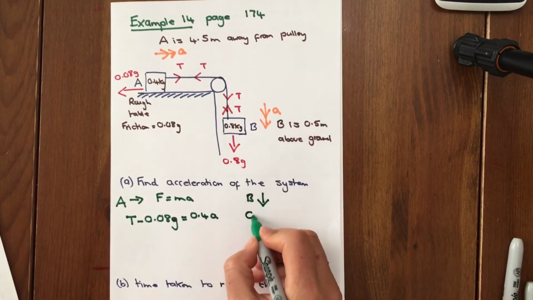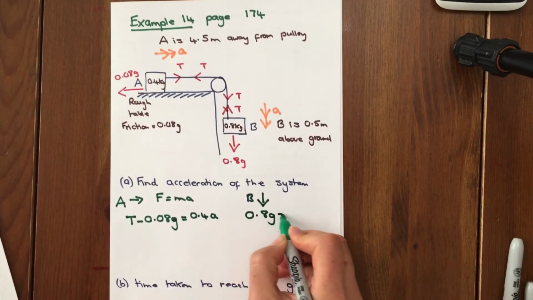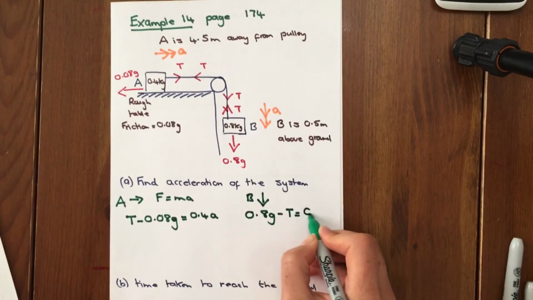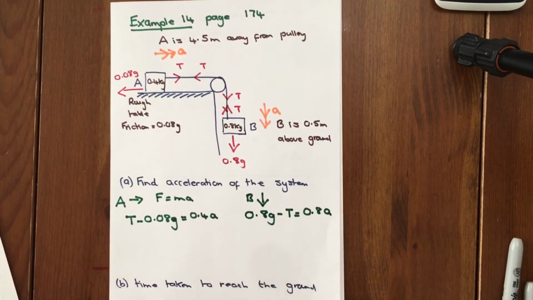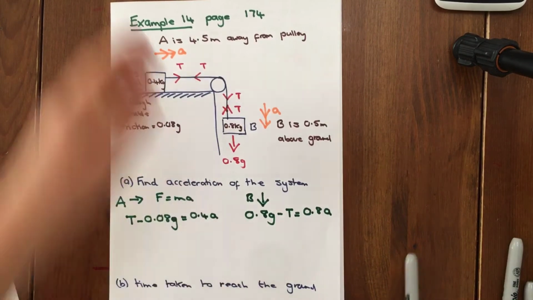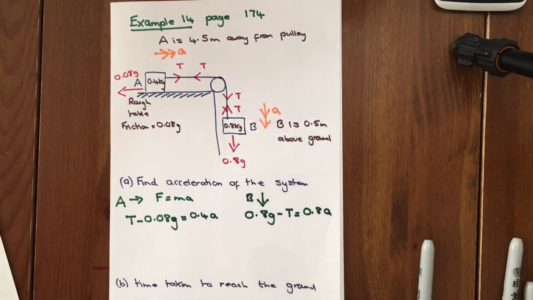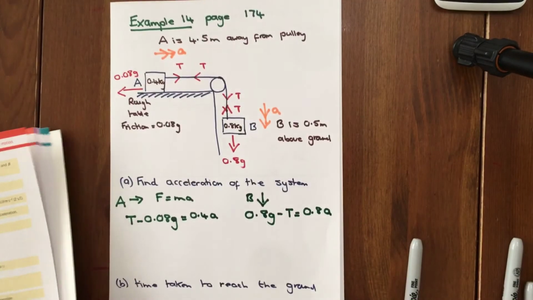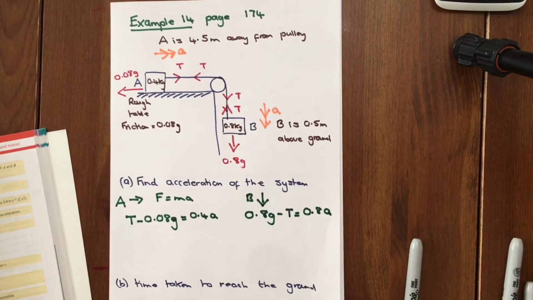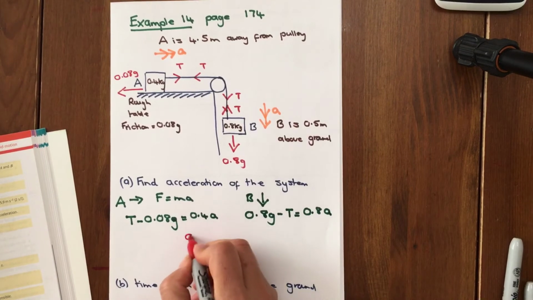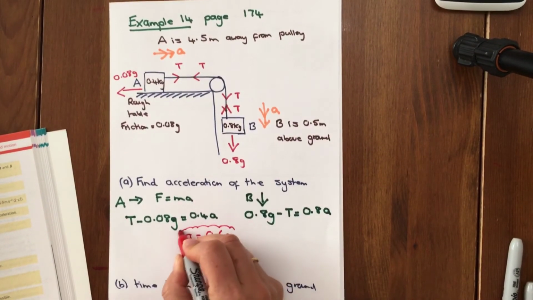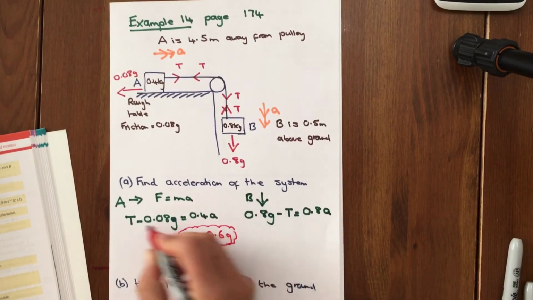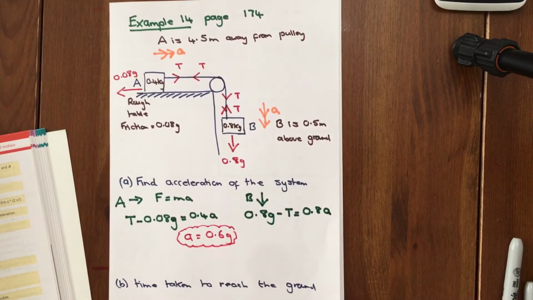So I've got my weight in the positive direction minus my tension equals my mass times acceleration. So I've got my two equations of motion. So I'm going to solve those simultaneously to get the acceleration, which is 0.6 g, to be exact, and this is the example in the book. So just solving those simultaneously.